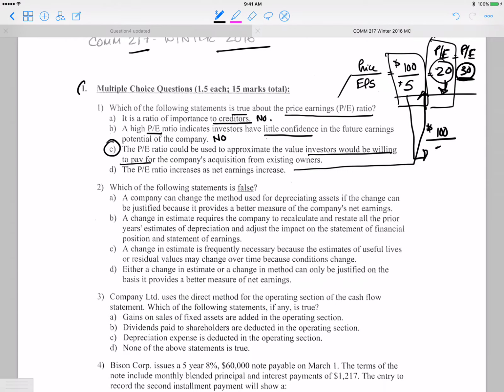Instead of 5, let's make the earnings 20. So I have a PE ratio of 5, which is lower than 20. Does the PE ratio increase as net earnings increases? No, it decreases, and we see that it decreases to 5 from 20.